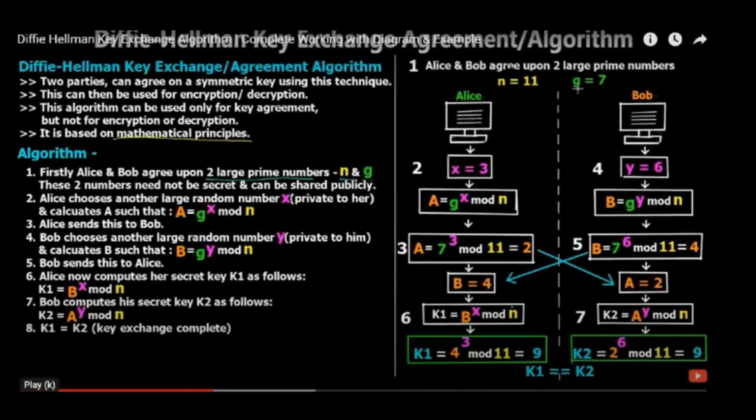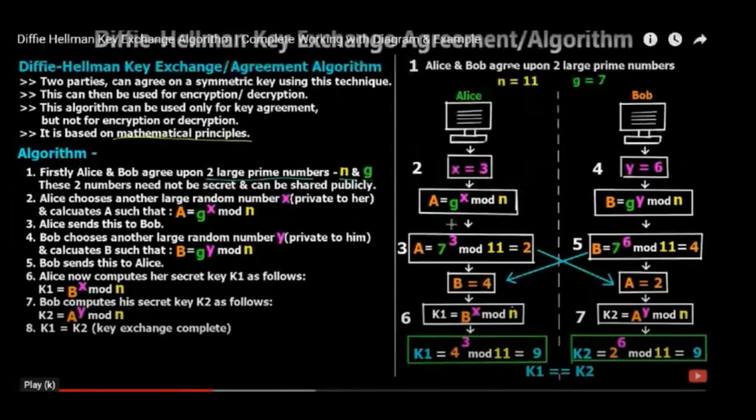Both agreed on these prime numbers. Then X is a private number selected by Alice, and Y is a private number selected by Bob. X and Y are not going to be shared with anyone, and they are completely secret. Now, let me go to the next step.